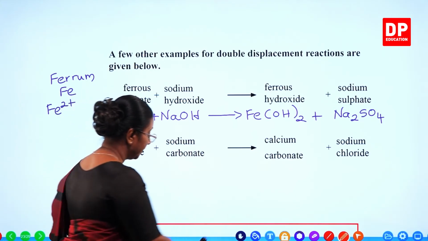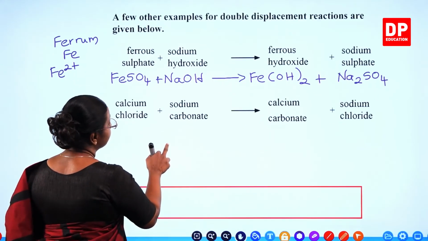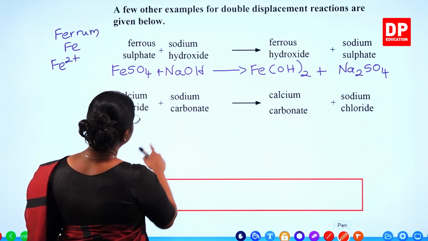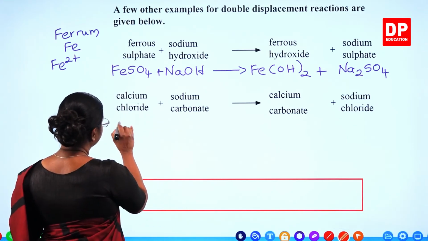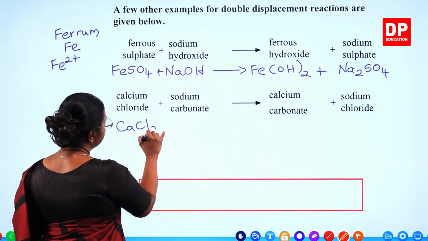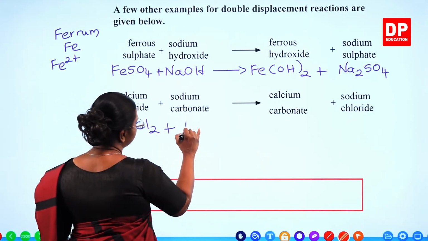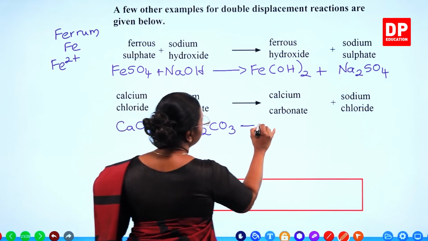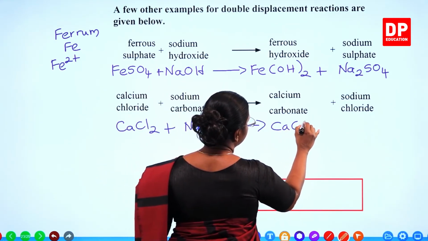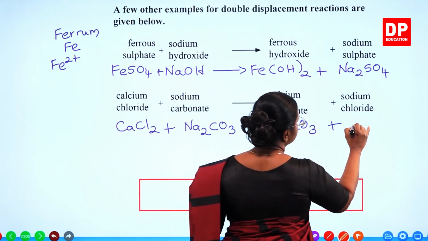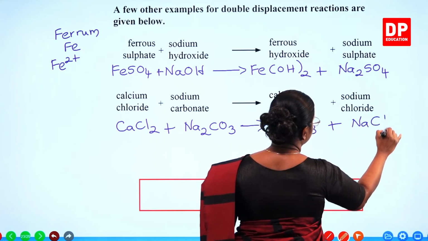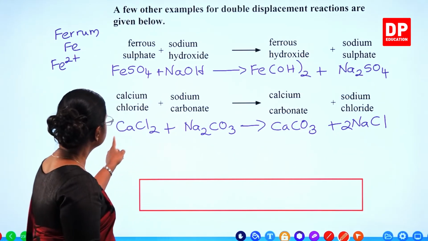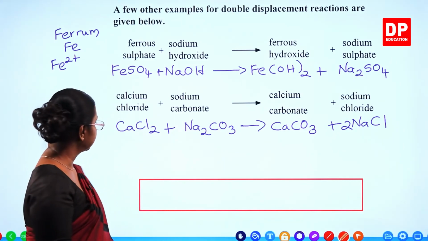Double displacement. Then we have another example. Calcium chloride and sodium carbonate. Calcium chloride, CaCl2 plus sodium carbonate, Na2CO3, giving rise to calcium carbonate plus sodium chloride. So here CaCl2 is calcium chloride.